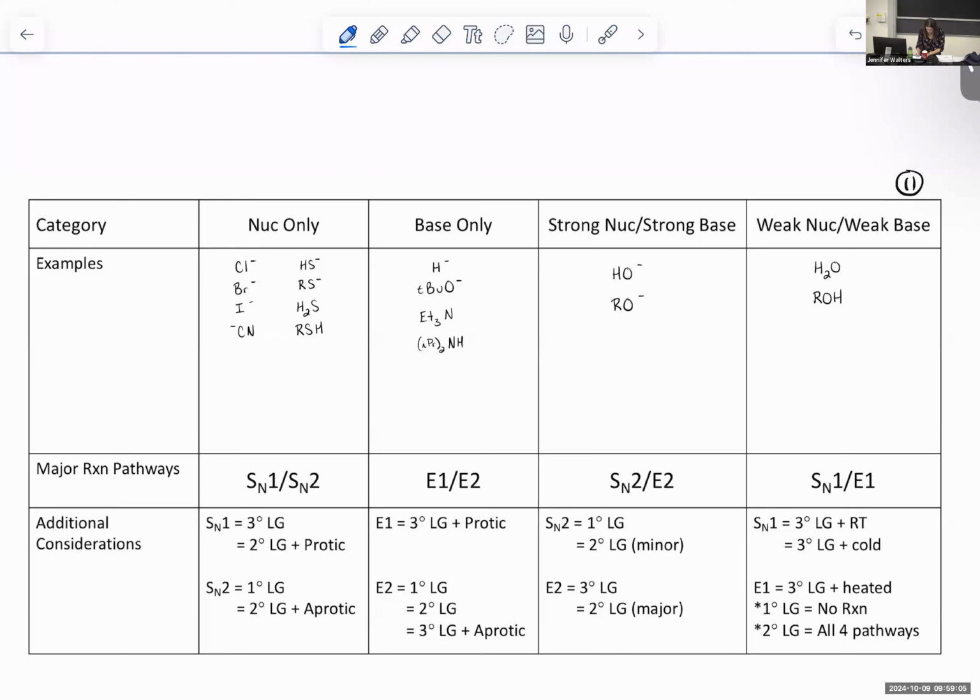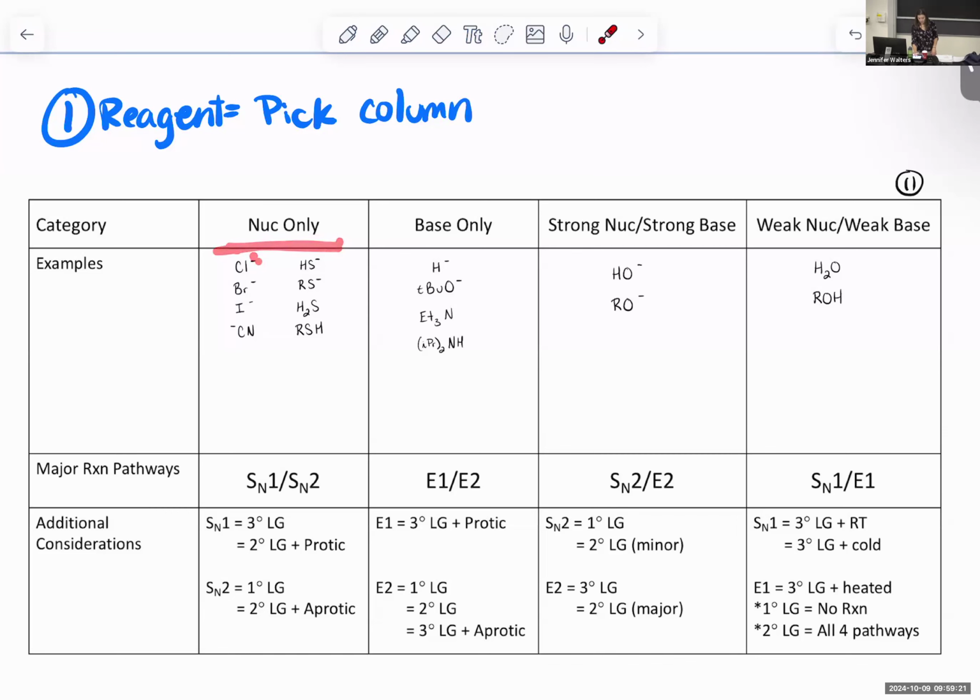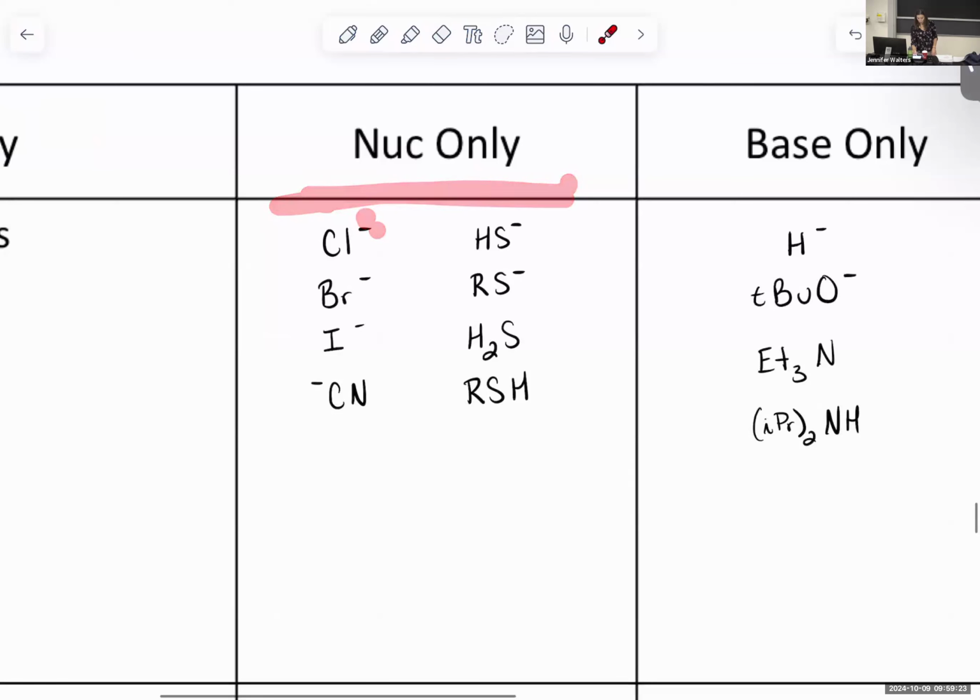So step 1 was look at the reagent. That means you're going to pick your column. So if you are a nucleophile only, such as chloride, bromide, iodide, cyanide, or any of your sulfides or thiols, those are nucleophiles only.